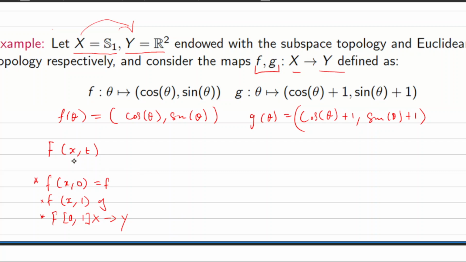So this is what we have to do. Now how do you find this function? That's where the issue is.